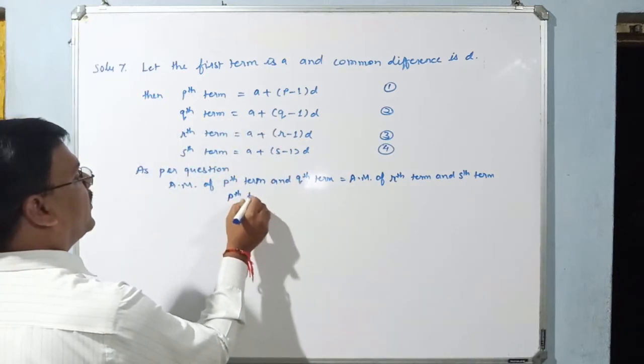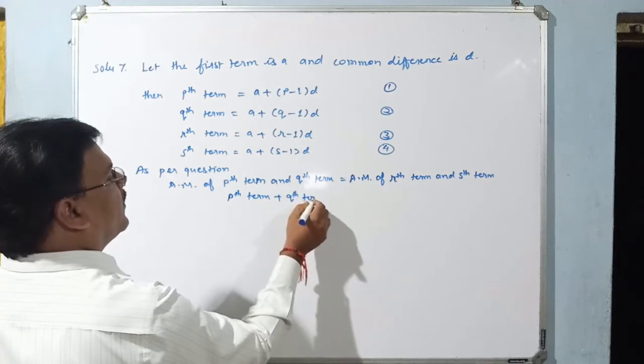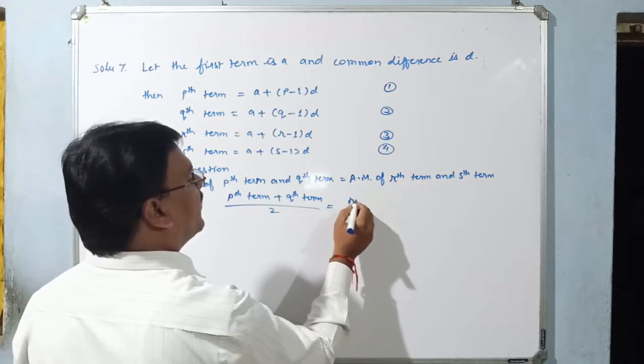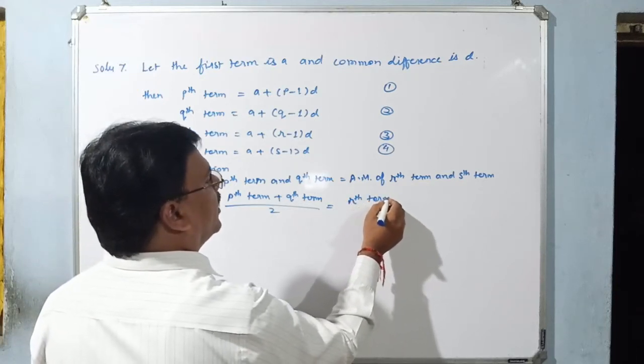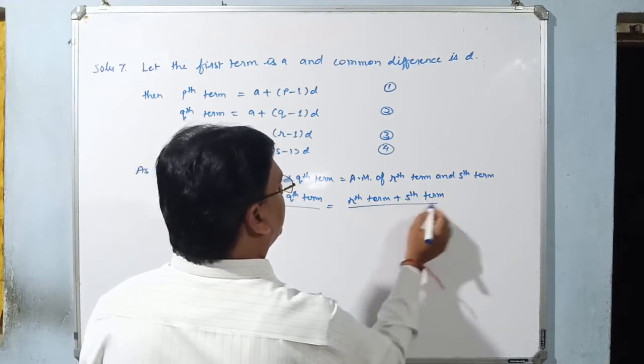Pth term plus qth term upon 2 is equal to rth term plus sth term upon 2.